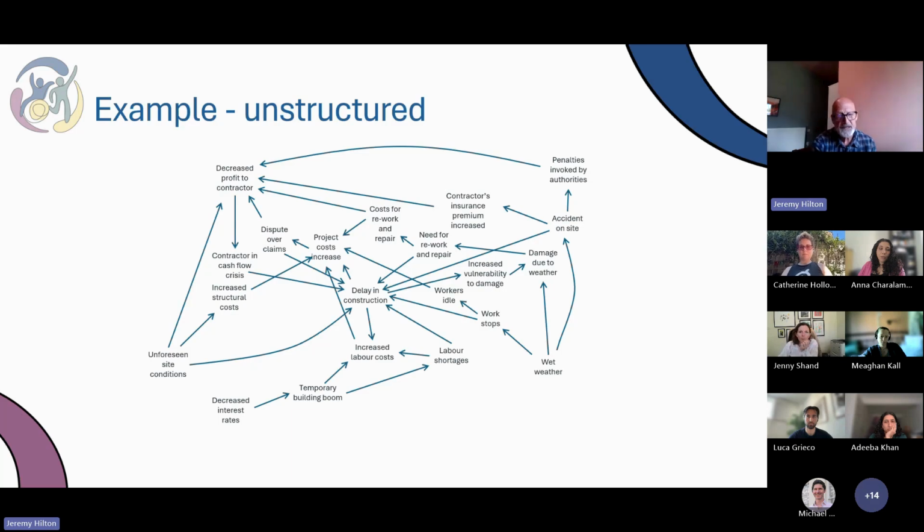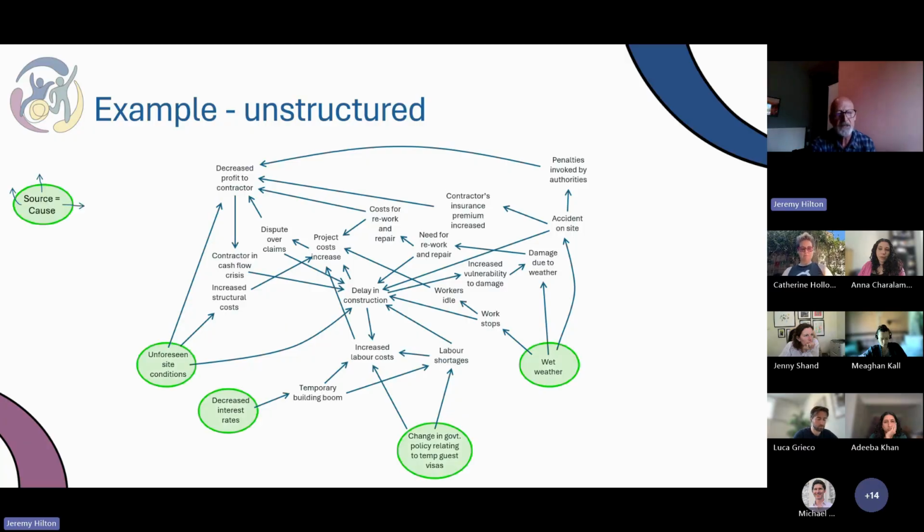But Colin Eden actually developed it a stage further, Eden and Ackerman. When you started building this out, they would say, well, from a very unstructured picture, what you're basically perceiving in your mind is that when you look at where the arrows come from, those are potential sources or causes of problems. And when you look at something where arrows are predominantly going in, they may give you an idea of what the outcome or the end effect is.